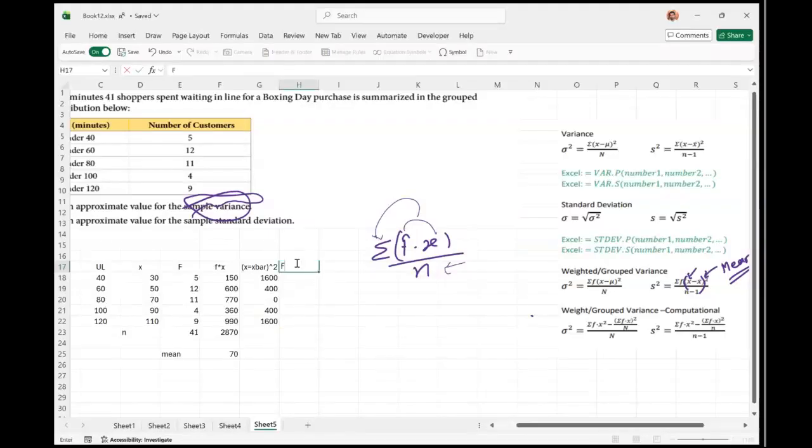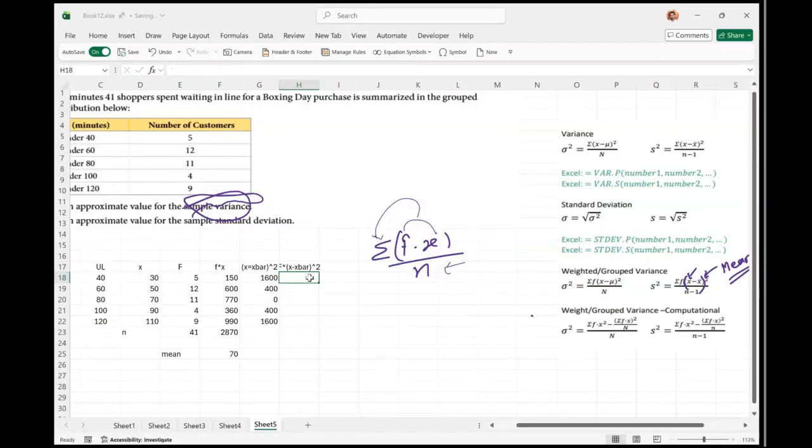Now frequency times x minus x bar. So please make sure you guys also show all these details when you are doing the work on the Excel. Otherwise, I will deduct the marks.